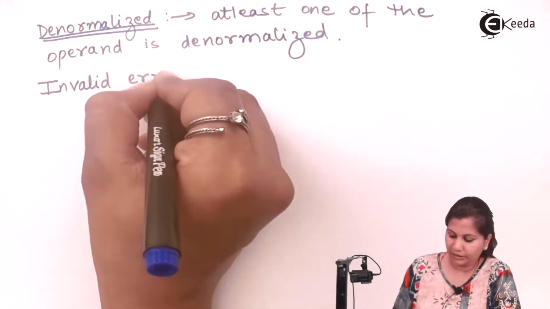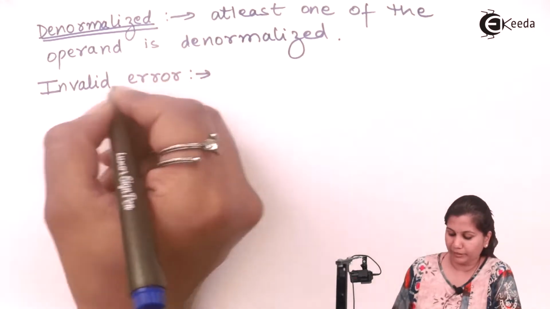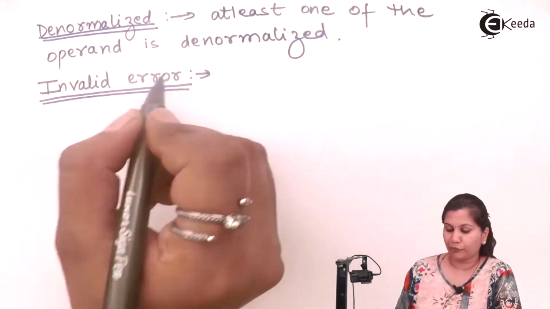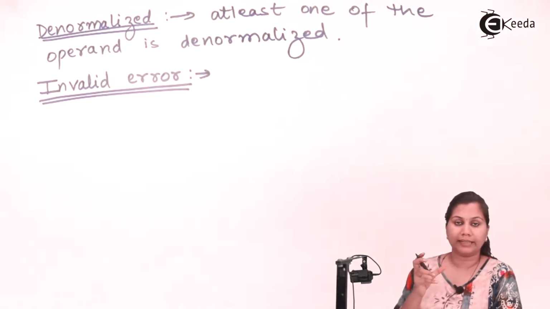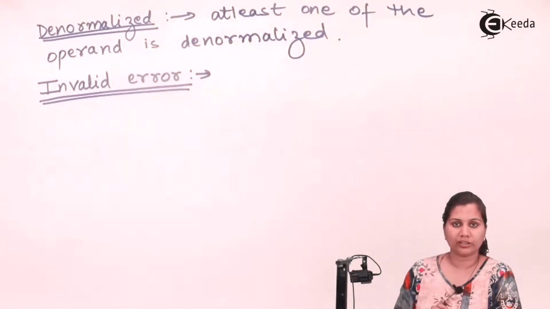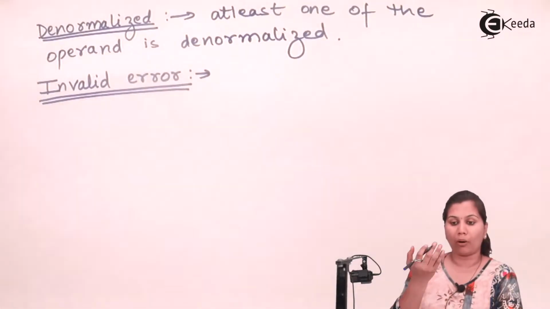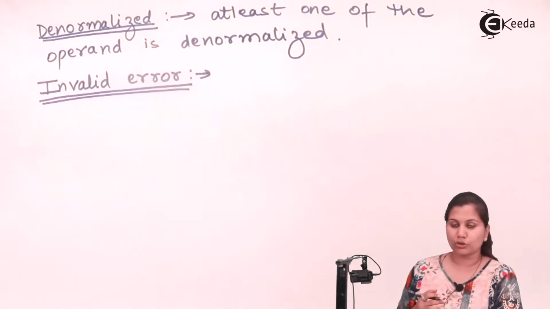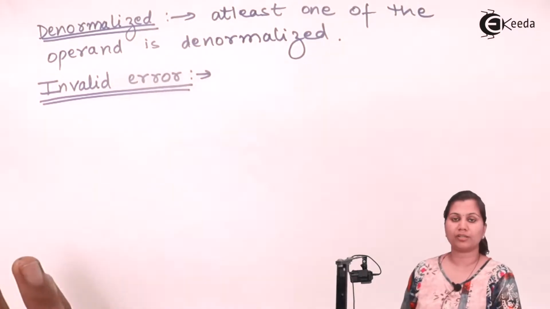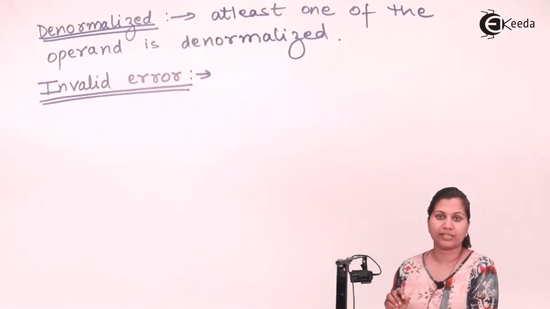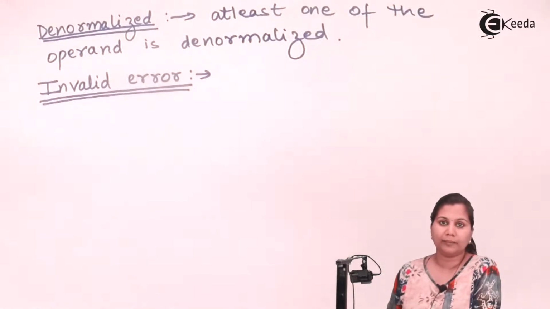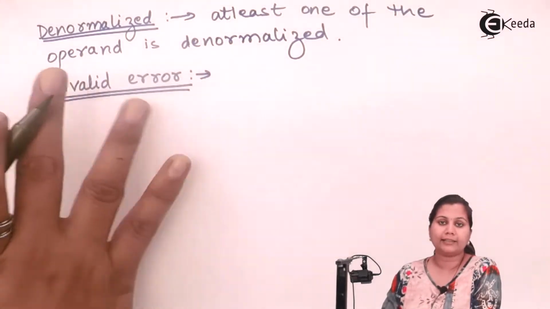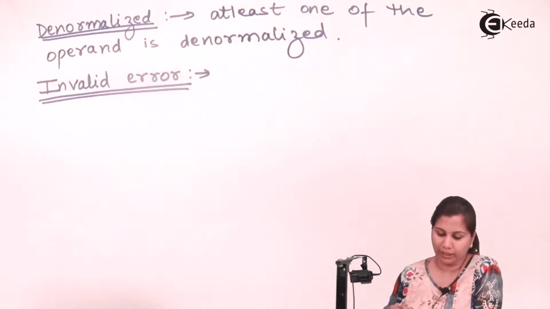Invalid error occurs whenever there is any invalid operation occurring. Like if we want to push a number which is exceeding 8-bit value into the register. If we want to pop an empty stack, means a stack is empty and we want to get a number from it. Okay, so all these are invalid operations. So whenever any invalid operation is occurring, this error will be occurring and the bit will be set to 1.